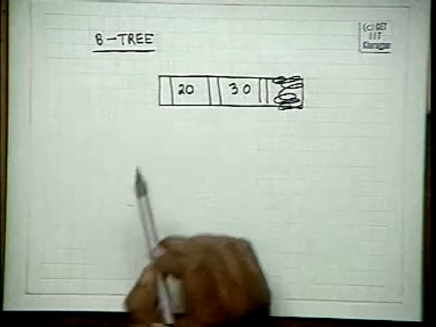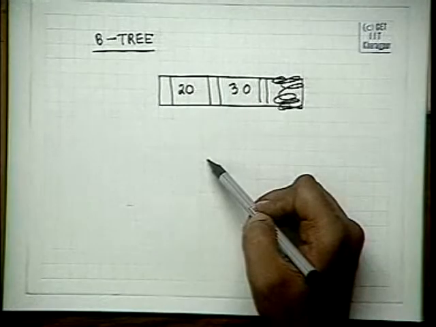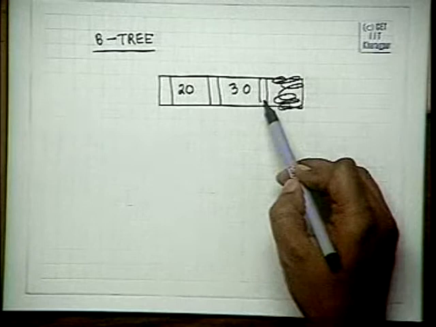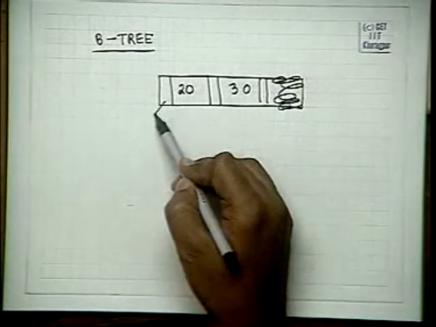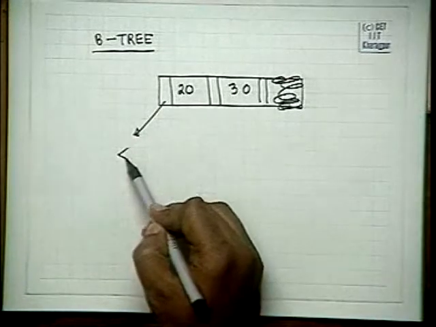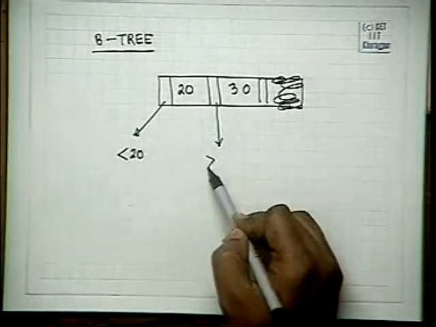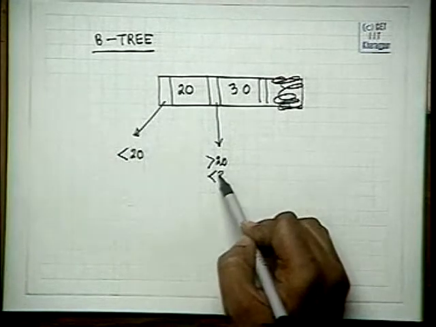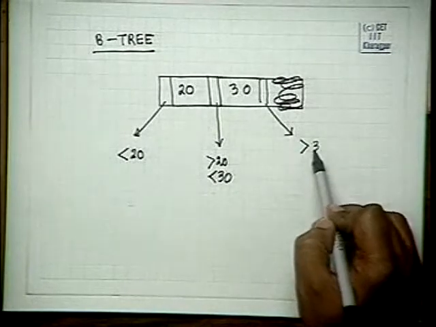In a B plus tree, this side we contain leaf nodes pointing to less than equal to 20, this side leaf nodes greater than 20 and less than equal to 30, and this side greater than 30. In a B tree, here will be strictly less than 20, here will be greater than 20 and less than 30, and here will be greater than 30.